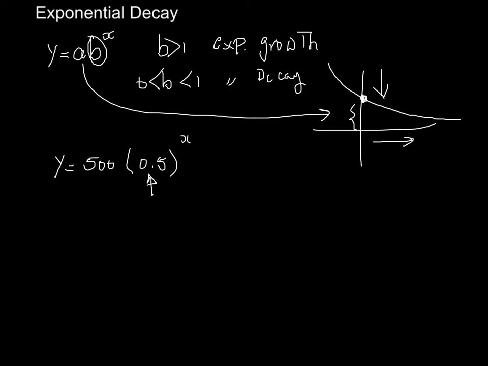The initial value or the y-intercept is 500, and the graph looks something like the one drawn here. This type of function is what we call exponential decay. So remember, your base has to be between 1 and 0, which represents a case where the ratio of the first and second differences is a constant less than 1 and greater than 0.